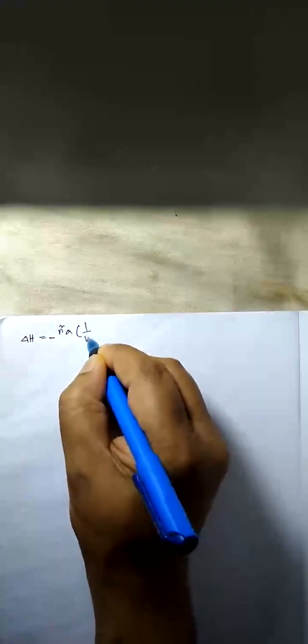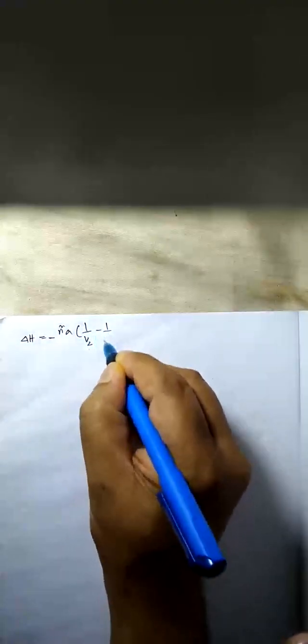Now you take nRT common from these two, and n square a common from these two. Then what you get? I will write here again: delta H is equal to minus n square a (1 by v2 minus 1 by v1). Take nRT common.